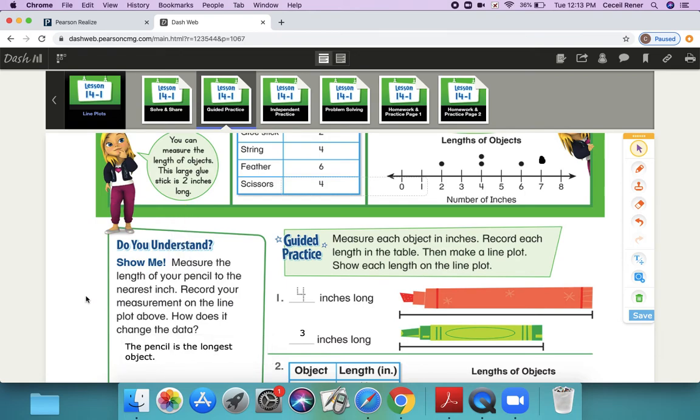So instead of the feather was, but now the pencil is. So that's what I'm going to put there. If your pencil is longest, you would be able to write that there.